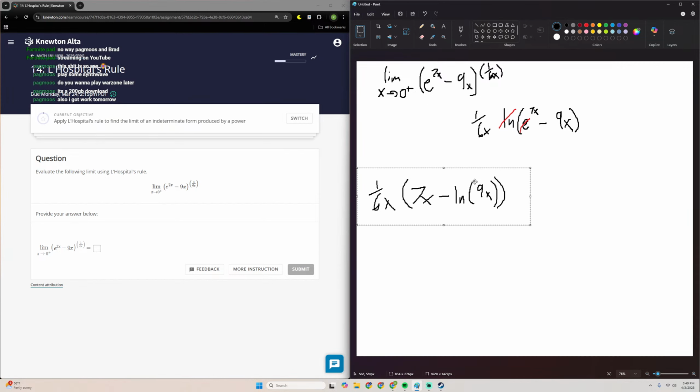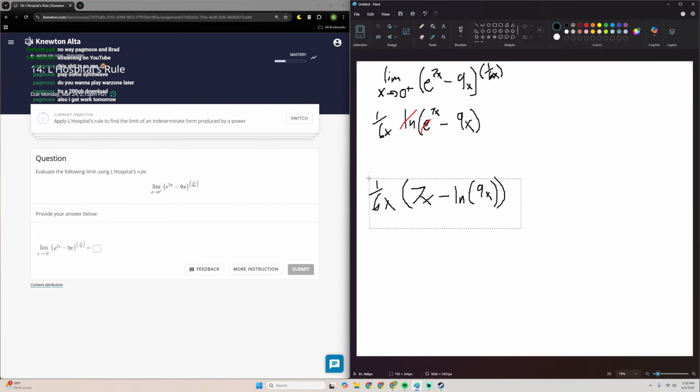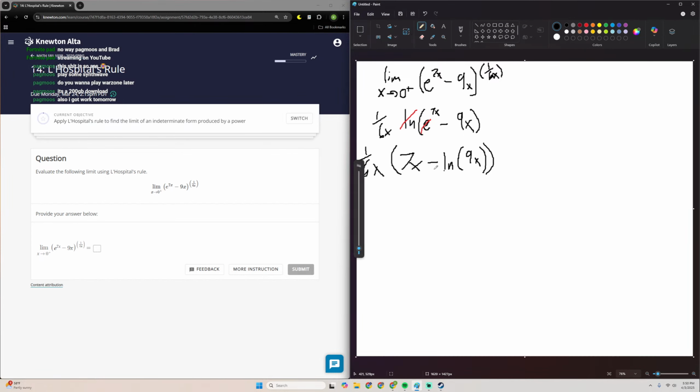I can put this to the side. There we go. This is already going to be divided by the whole thing, so this should be 7x minus ln 9x over 6x. We take the derivative, d over dx of both top and bottom, from L'Hopital's rule.